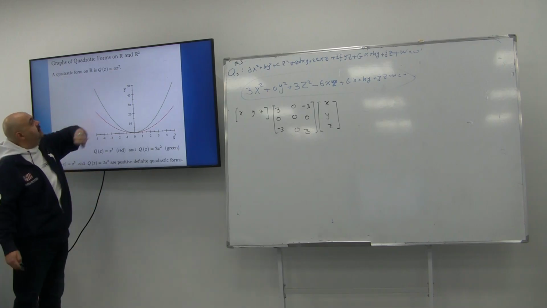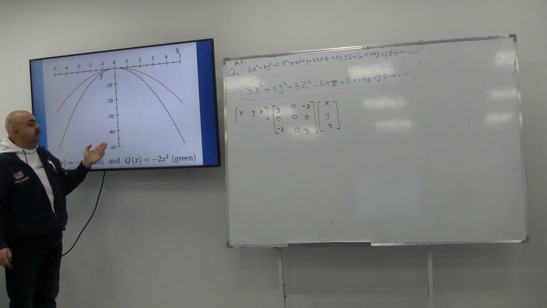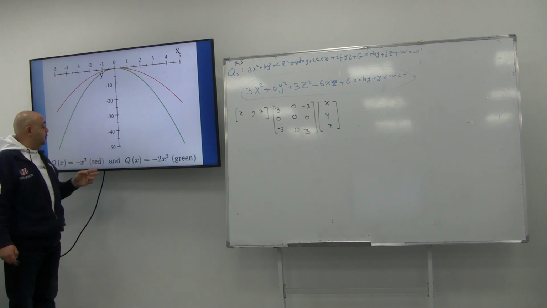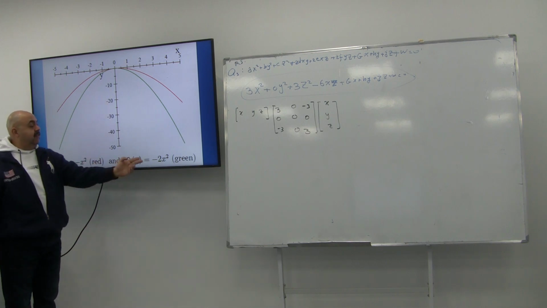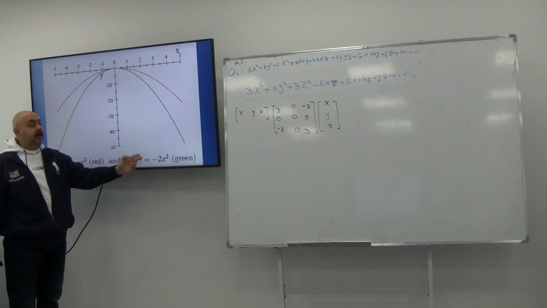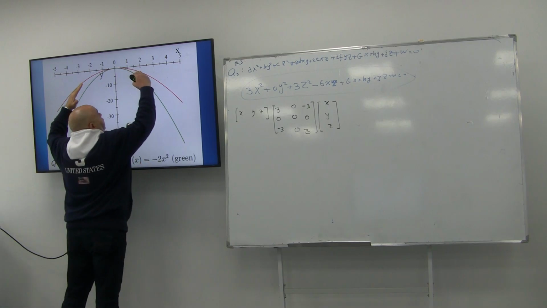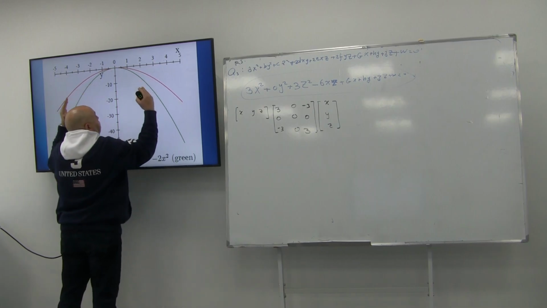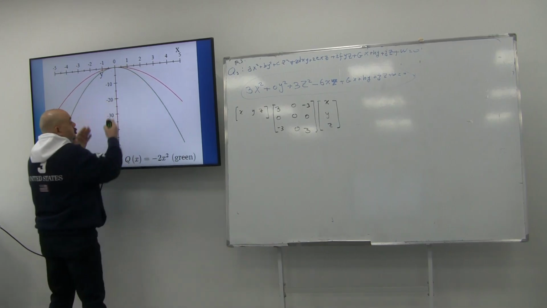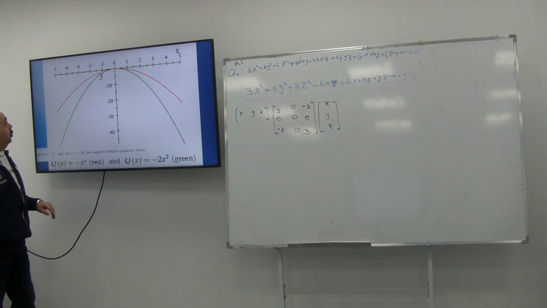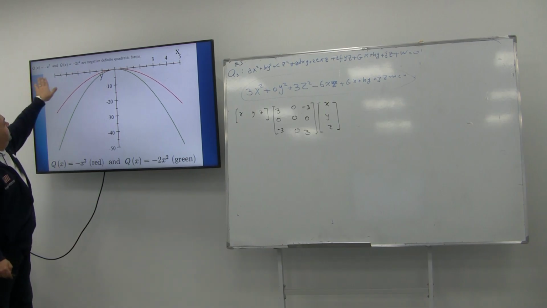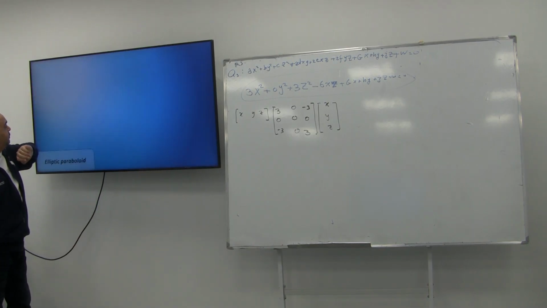If this value is negative, it's going to be in this shape, okay? So this is for negative x squared, and this is for negative 2x squared. As you remark, when we multiply by negative 2, the two wings of this quadratic function will be closer to the y-axis, and this is our negative definite quadratic form.